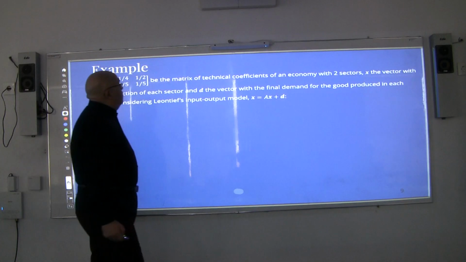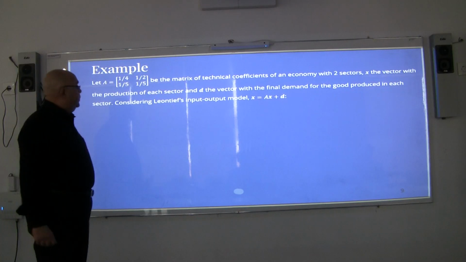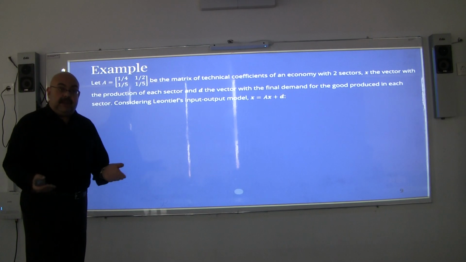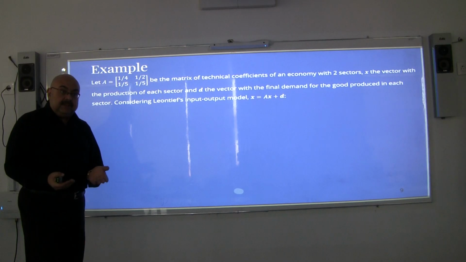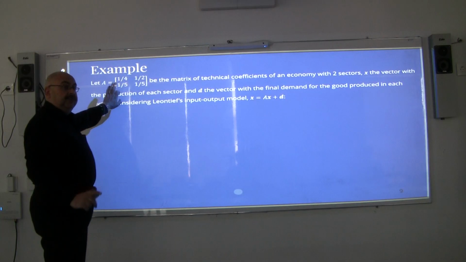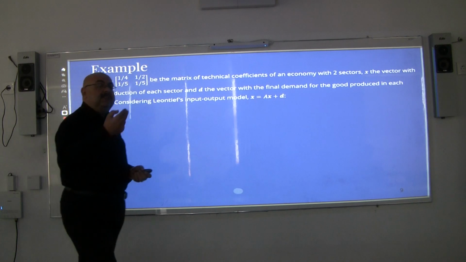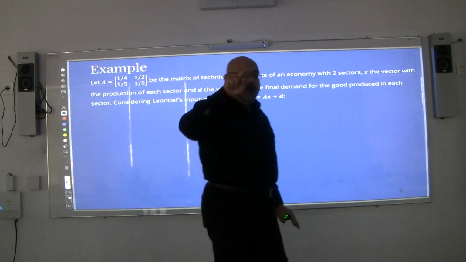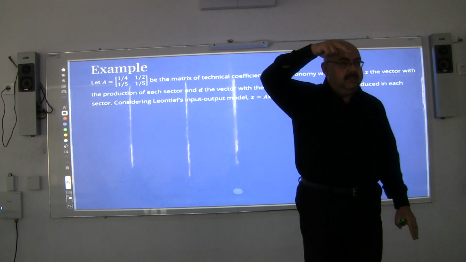I believe this example will make things much easier. Here he is giving you the technological matrix or the technical matrix. This is matrix A, which is 2 by 2. Once I told you that the matrix is 2 by 2, that means my economical system that I will explain here depends on how many sectors? 2 of them.